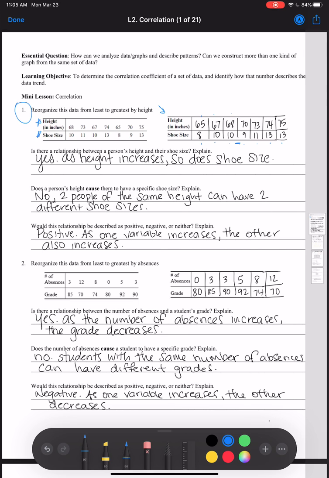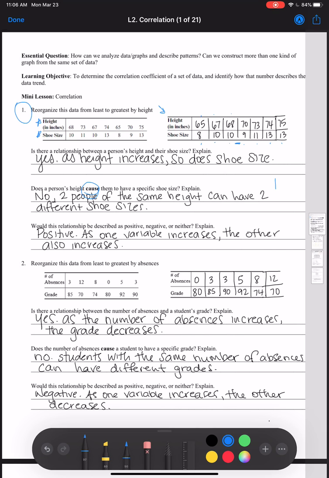Does a person's height cause them to have a specific shoe size? Well, no. Two people of the same height can have two different shoe sizes. But the idea here is that if you have a 4-year-old who's 2 feet tall, 3 feet tall, I don't know how tall 4-year-olds are, but then if you have an adult, obviously the child's shoe size is going to be smaller.